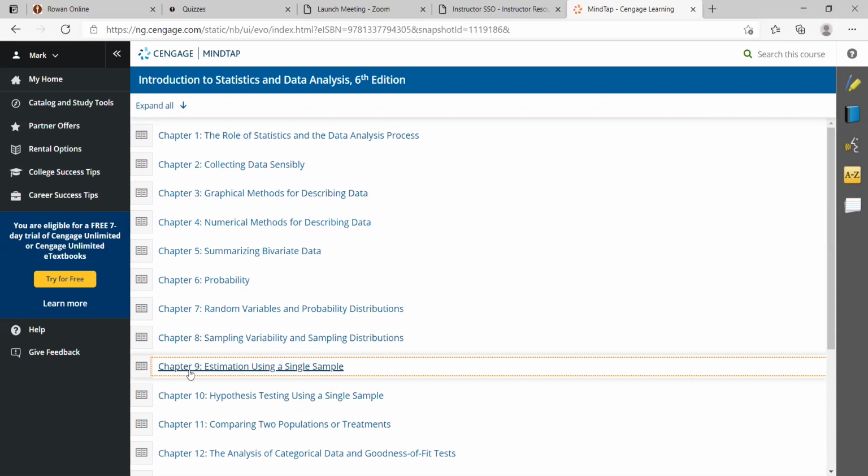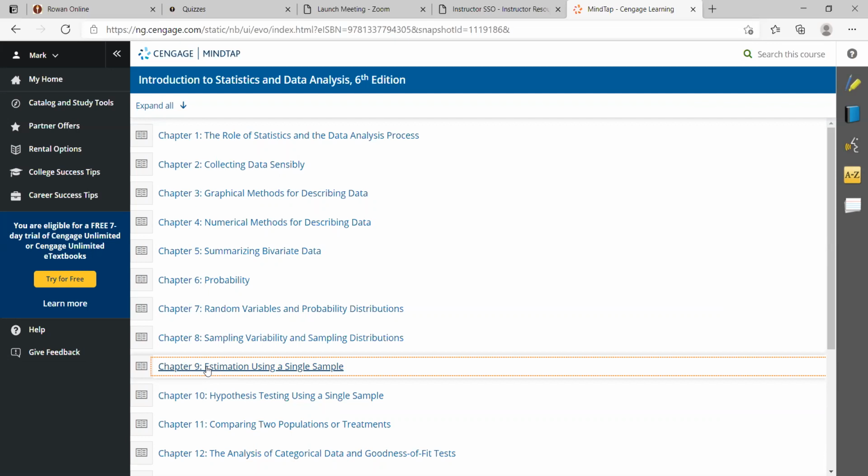When the p-value is less than or equal to alpha, the level of significance, the probability of a type 1 error, we reject the null hypothesis. When the p-value is greater than alpha, we do not reject the null hypothesis. That's the general idea.